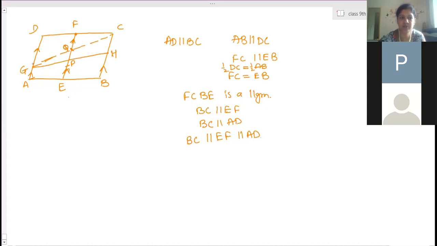So therefore Q is the midpoint of GC by the converse midpoint theorem. Similarly, in triangle GCH, PQ is parallel to CH. Q is the midpoint of GC, just now we have proved. So P is the midpoint of GH. Clear?